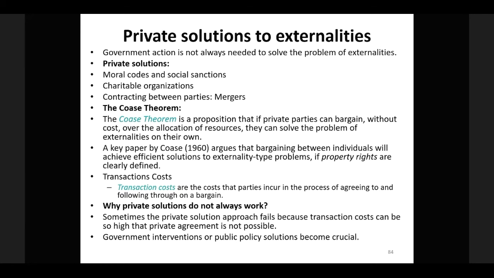In this case, what will happen is that the doctor is going to pay the baker the $50 because the baker has a property right to make noise. The doctor will pay the baker $50 to buy the quieter machine, so that once the baker buys the quieter machine, the doctor too is in peace, will have his peace of mind, because otherwise the doctor cannot have his peace of mind. So that's one solution based on the fact that the baker has the property right.